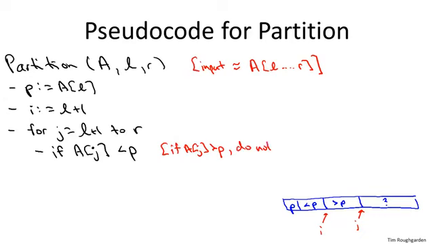If it's not, we actually don't have to do anything. So let me just put as a comment, if the new element is bigger than the pivot, we do nothing. Of course, at the end of the for loop, the value of J will get incremented. That's the only thing that changes from iteration to iteration when we're sucking up new elements that happen to be bigger than P.